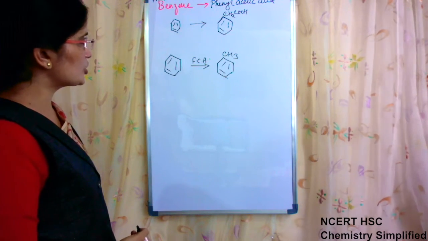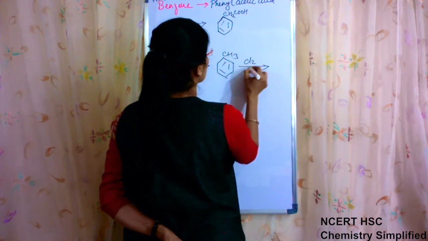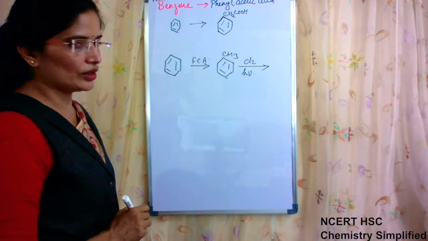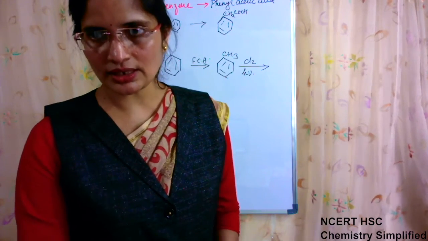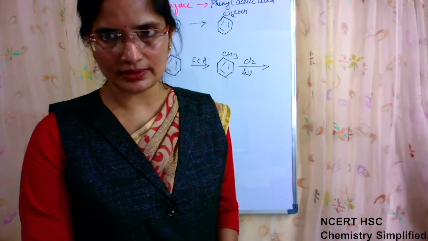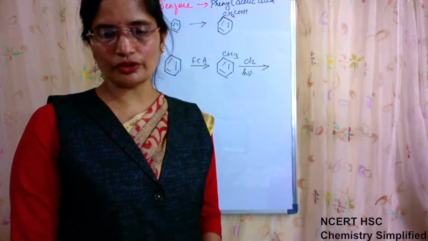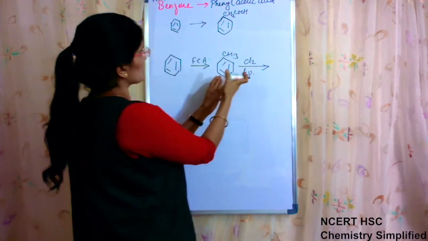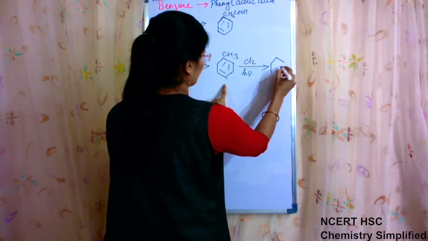Now once it is introduced, the next thing we will do is halogenation in presence of UV light. Is the screen visible to all of you? Yes, ma'am. Okay. So Cl2, side chain halogenation.